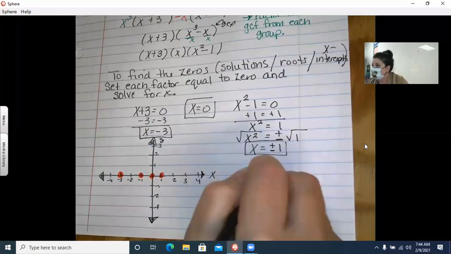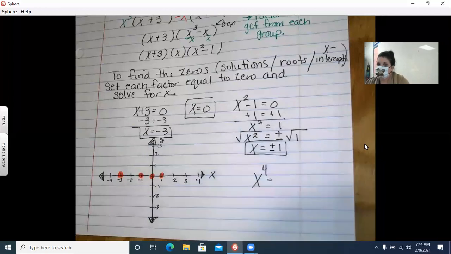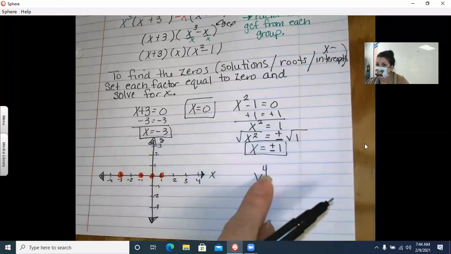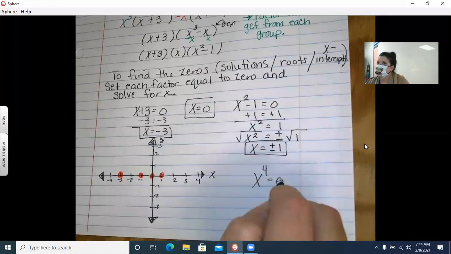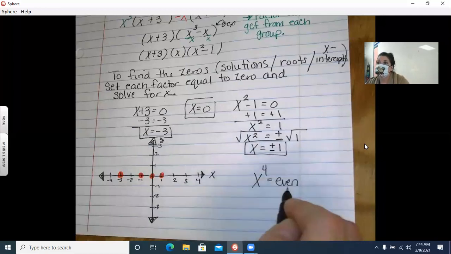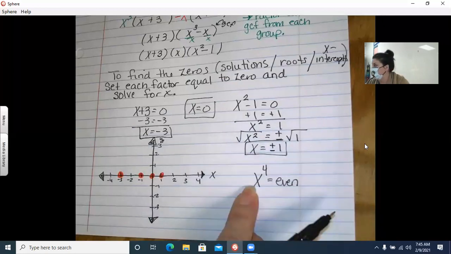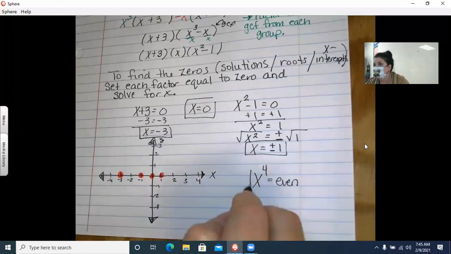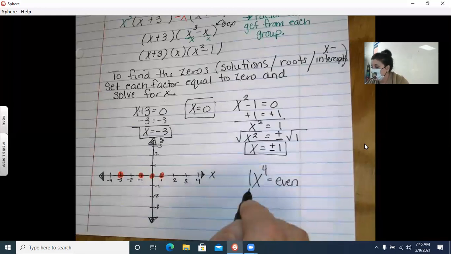So you look at your first term, you look at your exponent. Is it odd or even? Even. We know an even exponent, the end behavior is going to be in the same direction, either up, up, or down, down, okay? To determine if it's up, up, or down, down, you look at the sign of the coefficient. Well, my coefficient, there's technically a +1 there, correct? So it is positive.